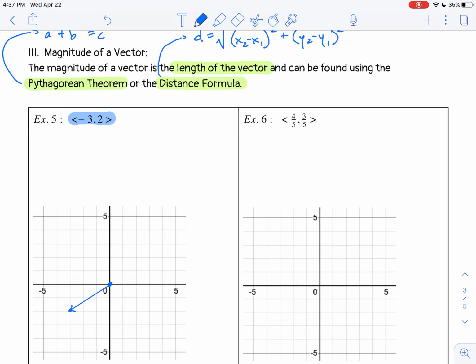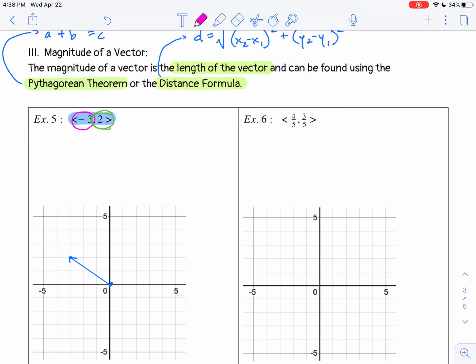Now, if I want to find out how long that vector is, I've got a horizontal component of -3 and a vertical component of, oh gosh, I did it upside down. So sorry. <-3, 2>, we're going up.